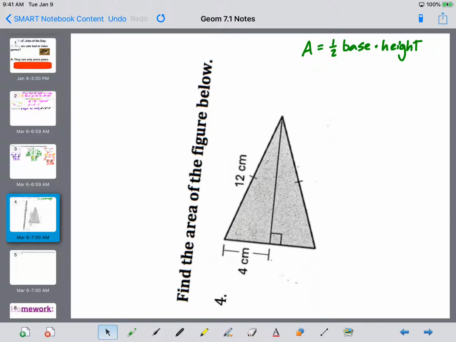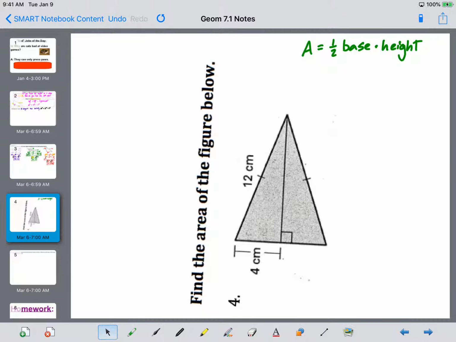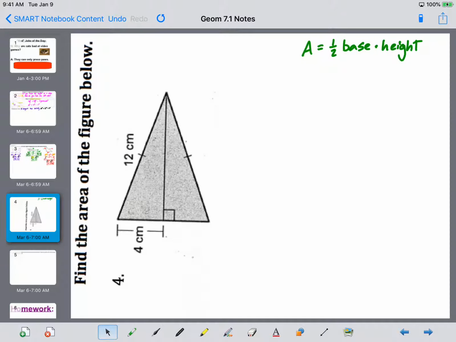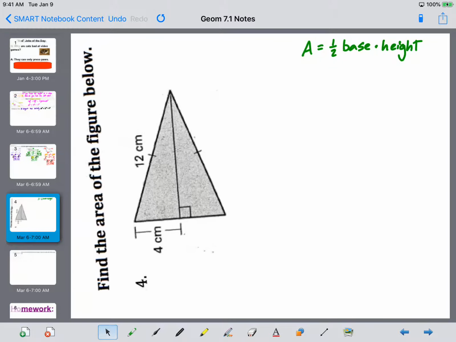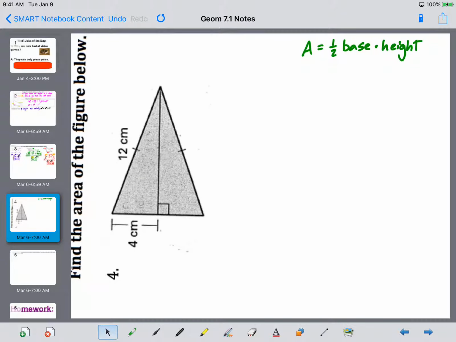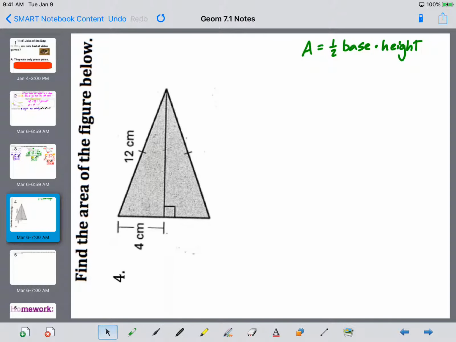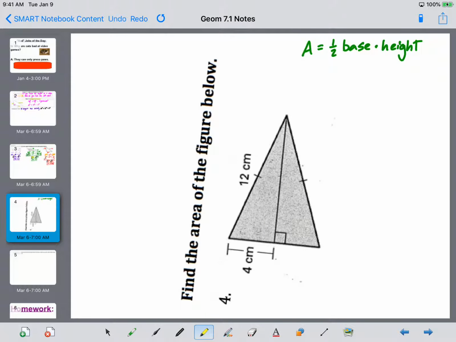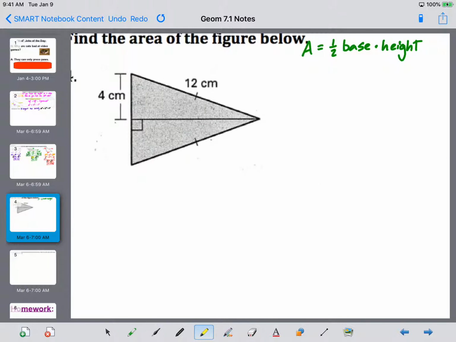So your base is actually the 4 centimeters that side. So I'm just going to flip this over to make that happen. And you can turn your paper if you'd like to, but just FYI, this part right here is the base, and then this is our height. So when we do this, you're going to need to be aware of that.